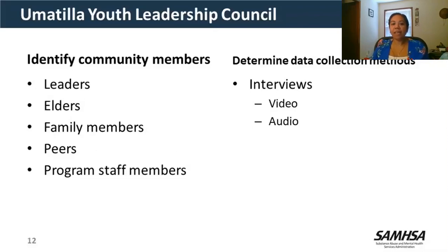And ultimately, the group decided how they wanted to collect the data was to do individual interviews. And so they had made this huge list of people in the community that they thought would have some insight, or different opinions and different information that they could gather.